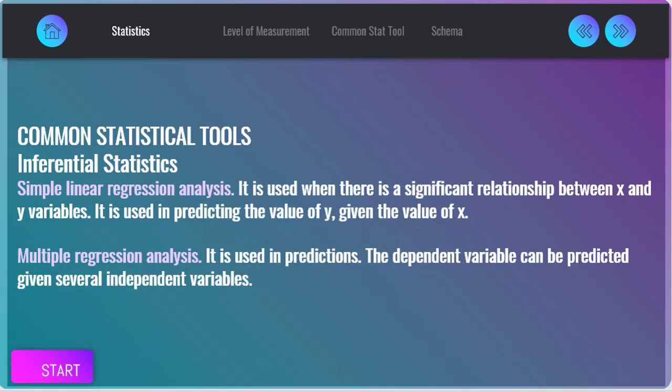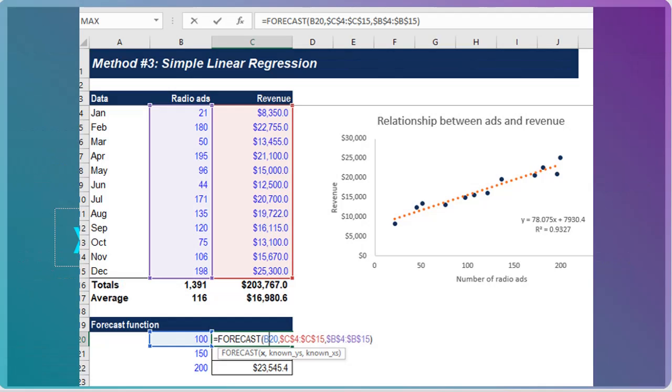So here's an example. The example that I'm going to show you is a simple linear regression: one assumed independent variable and one dependent variable. So here we are. This example shows the relationship between advertisement and revenue.